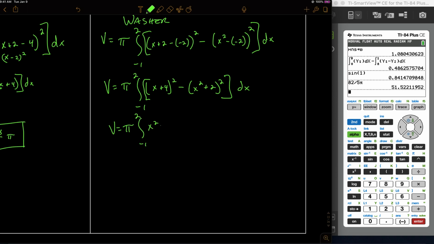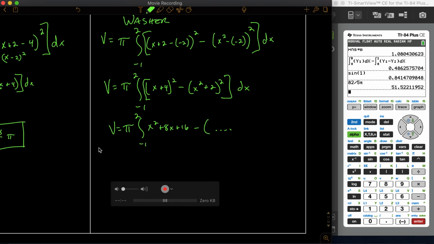X squared plus 8x plus 16 minus, you can finish this out. I want you to multiply it out, simplify the integrand, apply the power rule for integration, evaluate, see if you can get to the final answer. I'll get everything set up for us if we need to. Actually, I think I already have it, so pause it and do that.